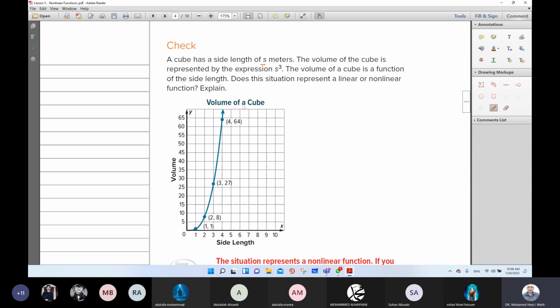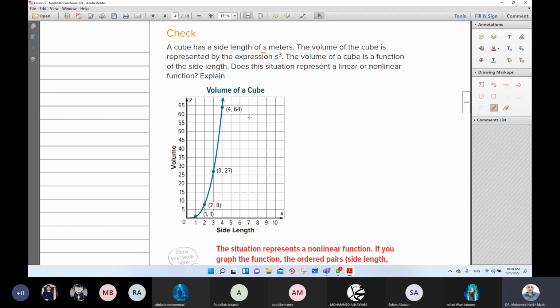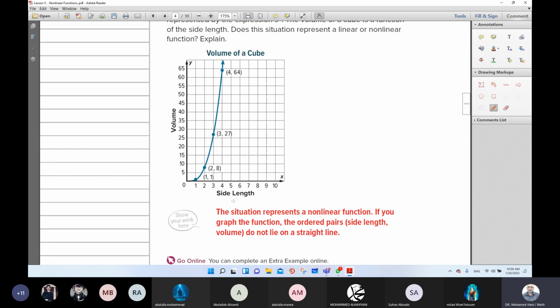Explain. As you see here, we just have a graph. From the graph, we have a curve. This is not a straight line. So the situation represents a nonlinear function. If you graph the function, the ordered pairs (side length, volume) don't lie on a straight line.